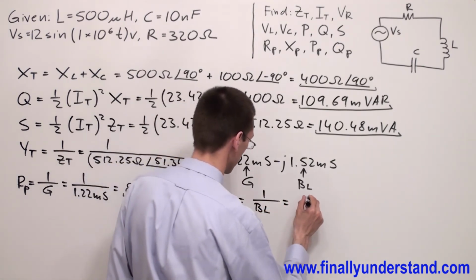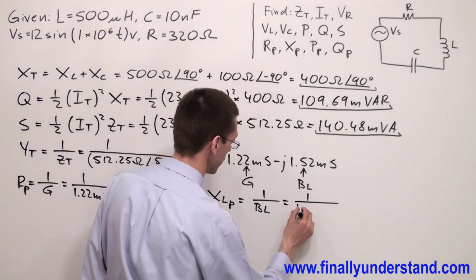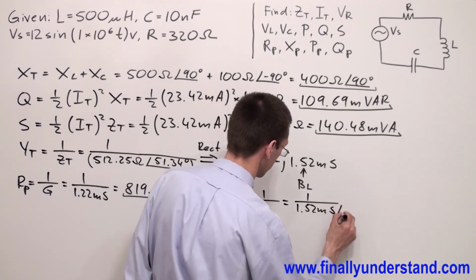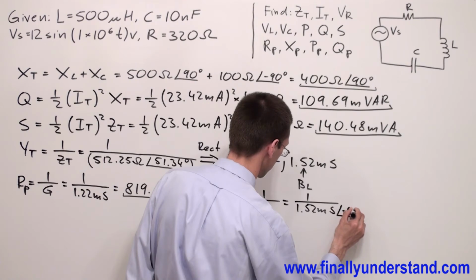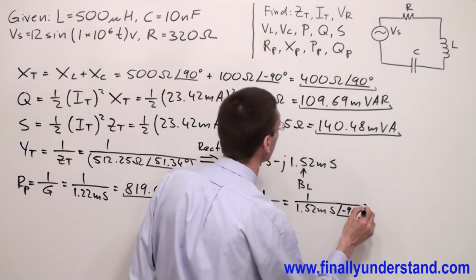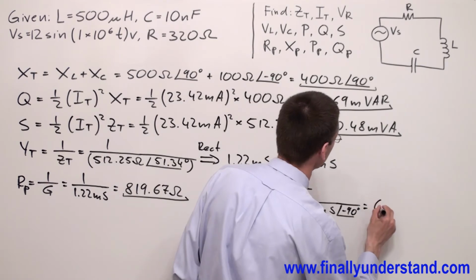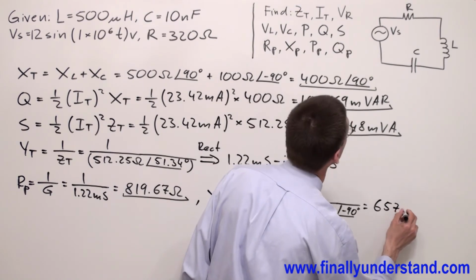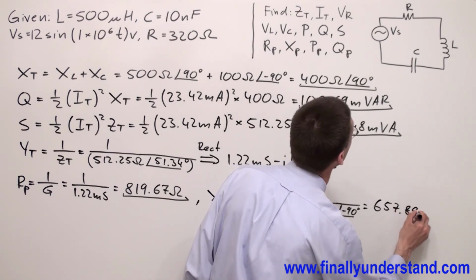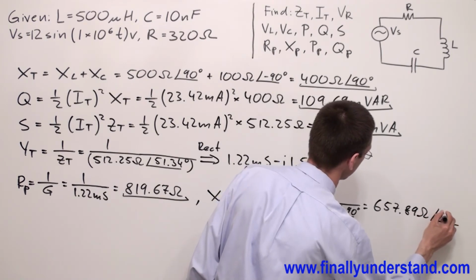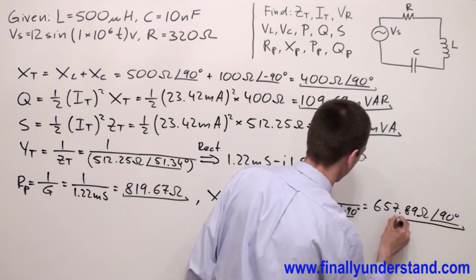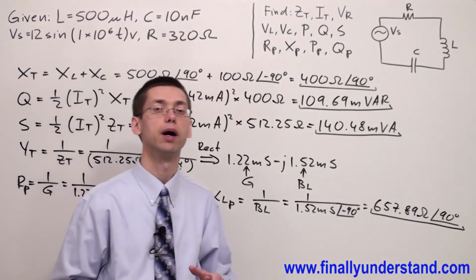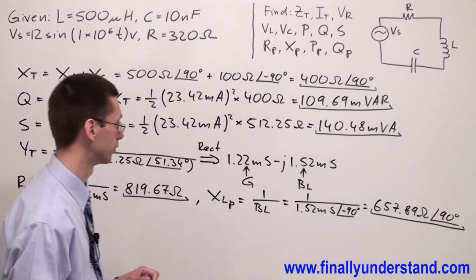So I'm going to have 1 divided by 1.52 millisiemens, an angle of negative 90 degrees, which is equal to 657.89 ohms, an angle of 90 degrees. Okay, so this is the inductive reactance in my parallel equivalent circuit.